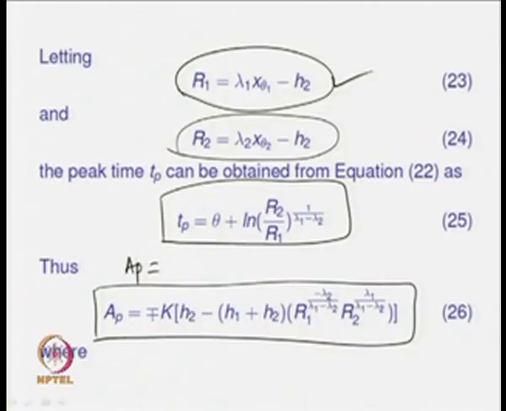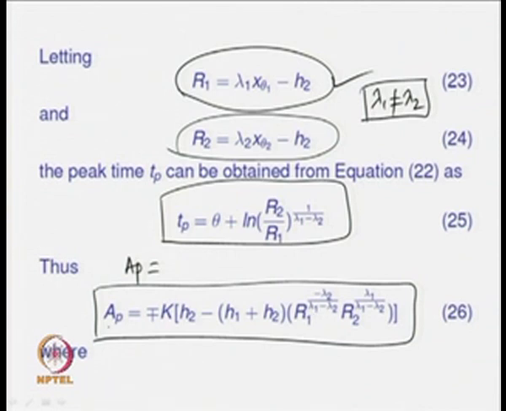Now, what are the limitations of this expression? If you observe carefully, lambda 1 should not be equal to lambda 2. When lambda 1 is equal to lambda 2, then it will be very difficult to find an expression for Ap.